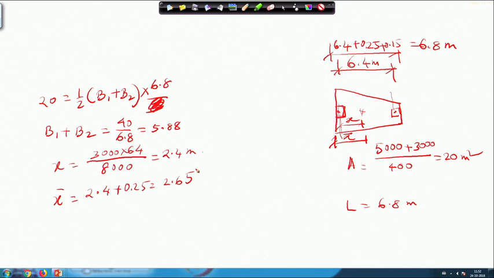And then this 2.65 must be equal to L by 3 times (B1 plus 2 B2) divided by (B1 plus B2).